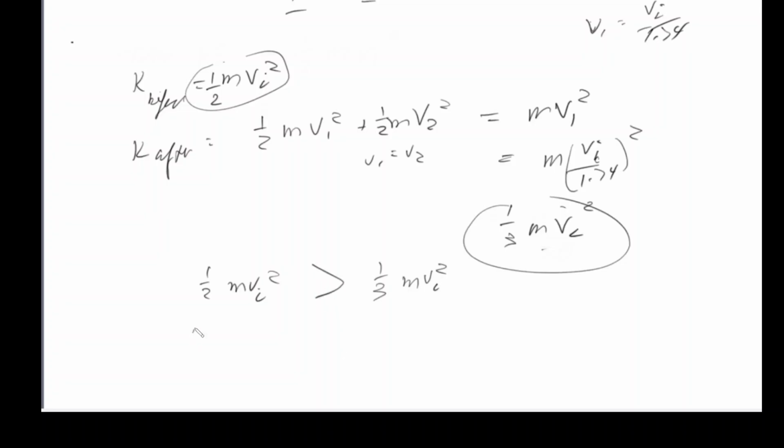So there was a loss of kinetic energy. Therefore, this is an inelastic collision because the kinetic energy did not remain the same. It went down, probably due to the release of thermal energy from the collision.